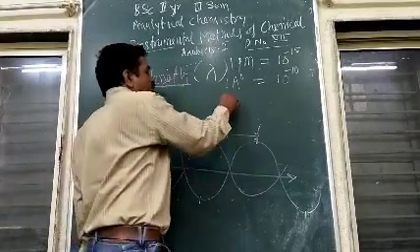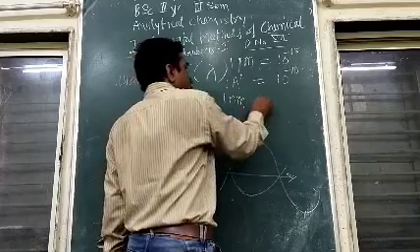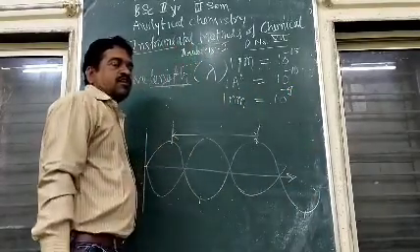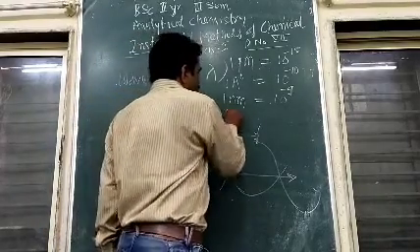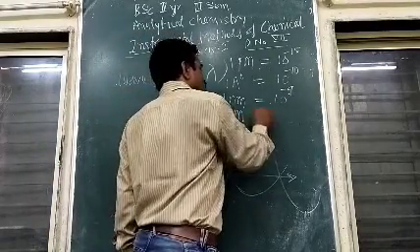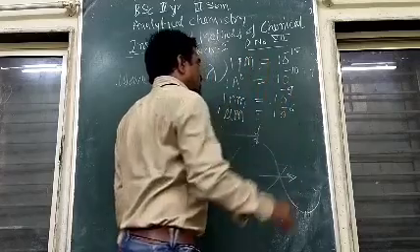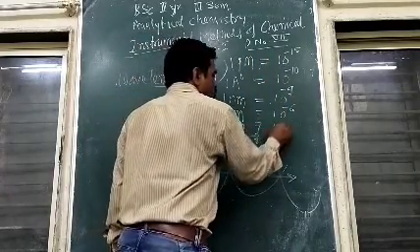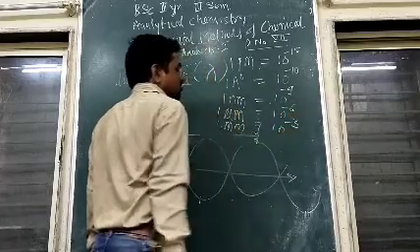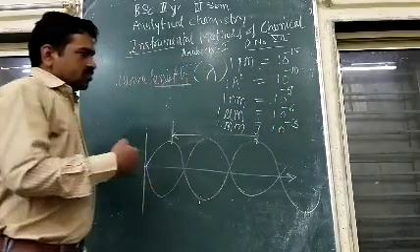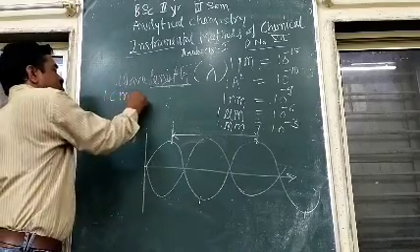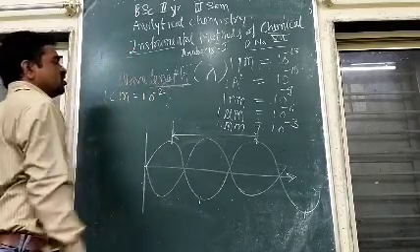Again somewhat longer is the nanometer; 1 nanometer is equal to 10 raised to power minus 9 meter. Then 1 micrometer is equal to 10 raised to power minus 6 meter, 1 millimeter is 10 raised to power minus 3 meter, and 1 centimeter is 10 raised to power minus 2 meter.